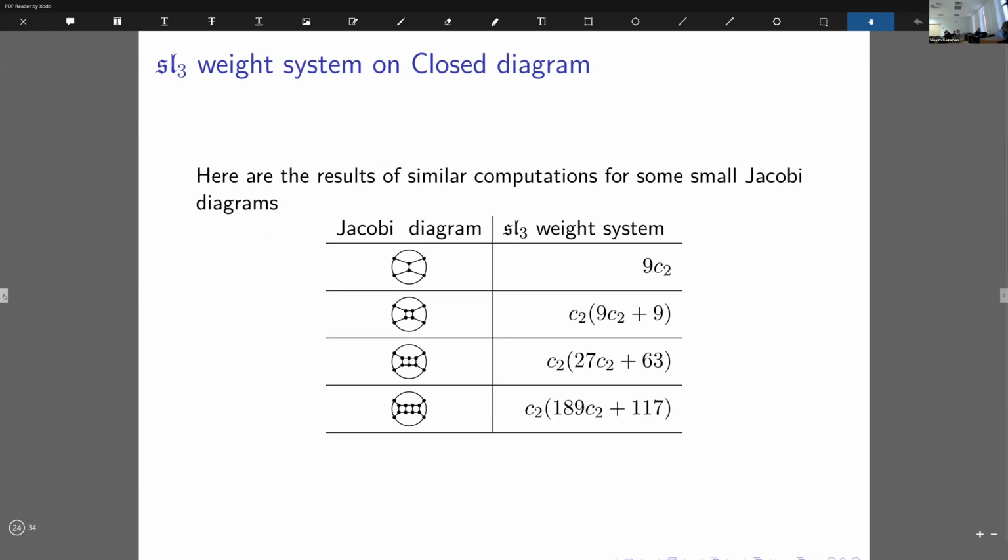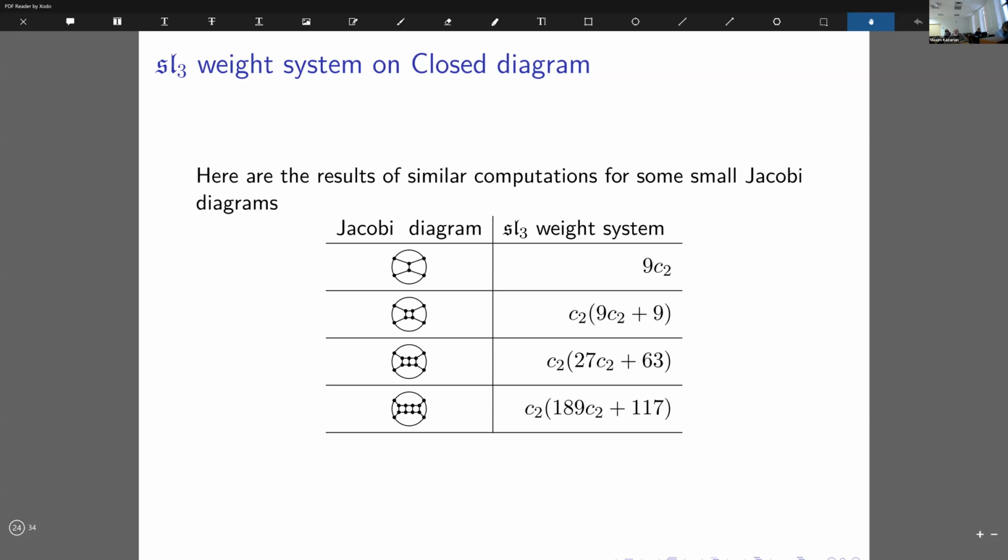It is of degree at most 4, and also C3 does not occur in these values because our polynomial is even. Each term must be of even degree. And so there is no C3 squared.